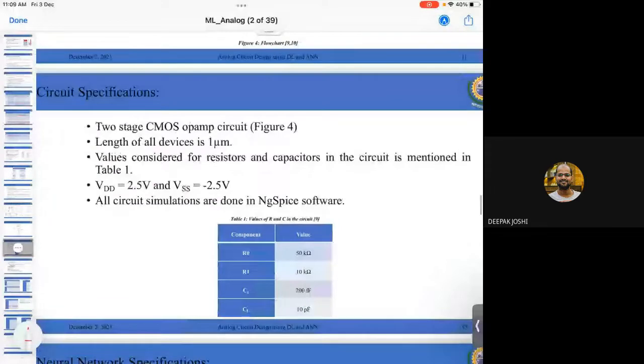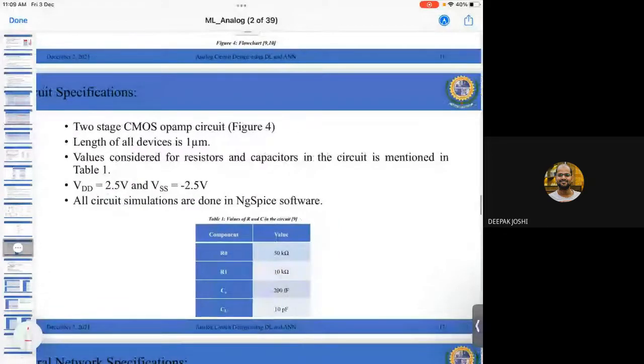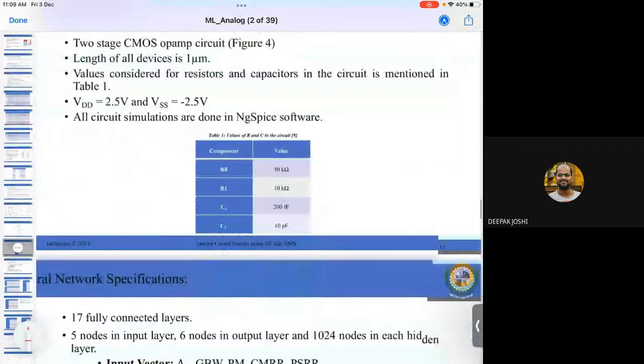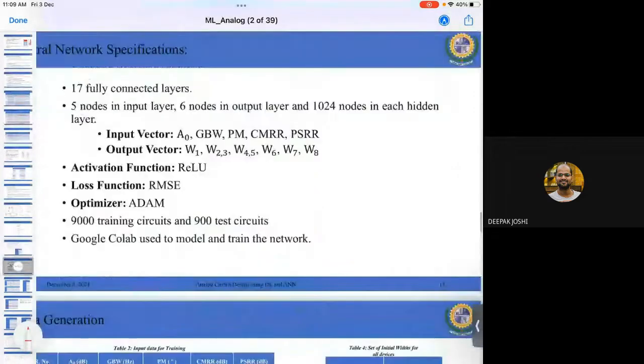Now, let's say the initial size specifications are there, and then these are the input vectors and output vectors, what we are trying to get at the output. Because these are paired transistors, we have considered them the same.